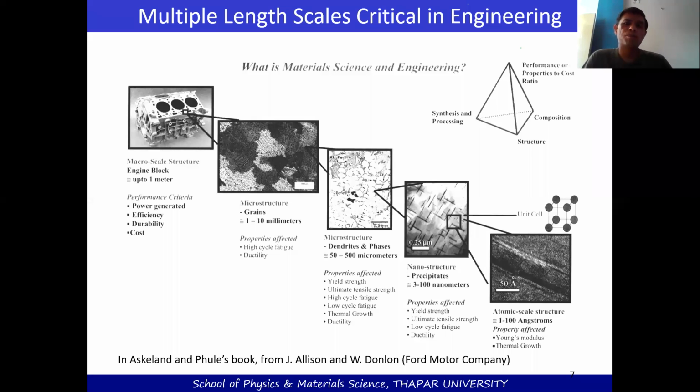And if you want to define the performance of the material, you should gain a good understanding of the defects which are present in the material. So whenever you want to study defects, you have to have a magnified substructure at a couple of nanometer scale.